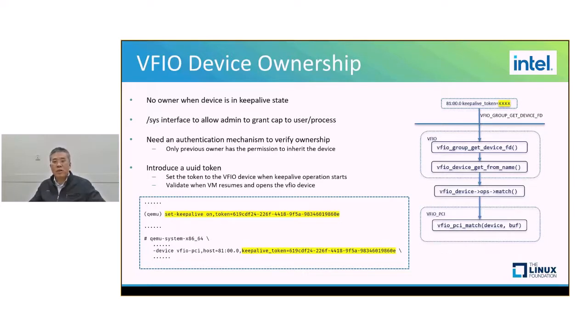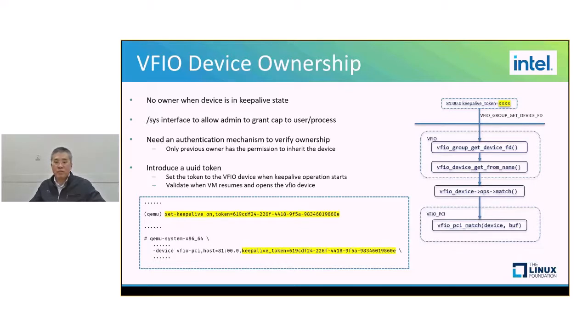Device ownership authentication is a security issue we need to consider. This is because when the pass-through device is put into Keepalive state, it will be detached from its owner. When the resumed VM is trying to reattach to the device, there must be a mechanism to verify the ownership.